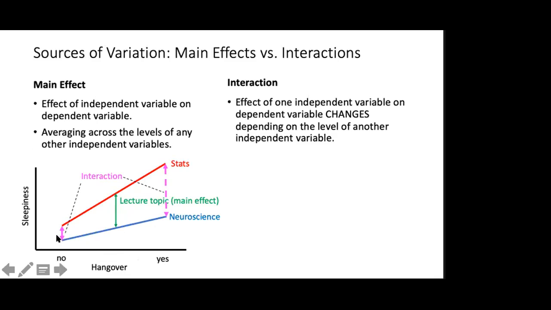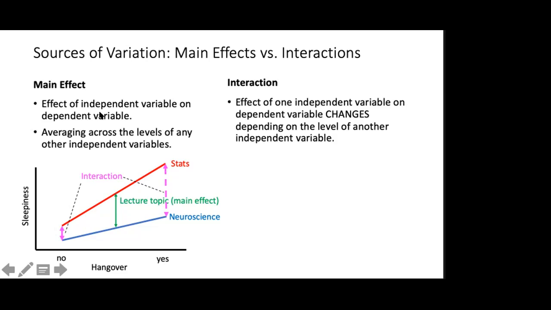You can see that the difference in this illustration of the hangover on sleepiness is smaller for the neuroscience class than for the stats class, right? Your sleepiness is much higher if you're hungover.